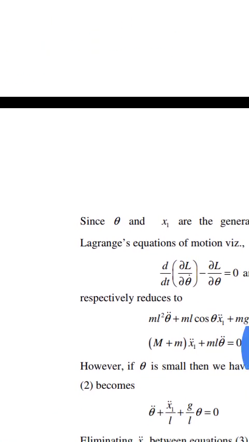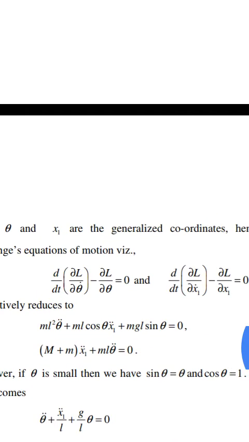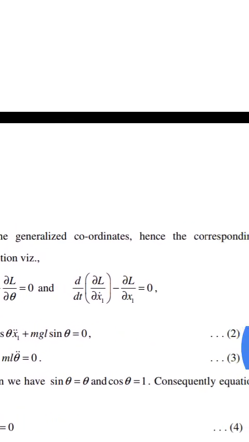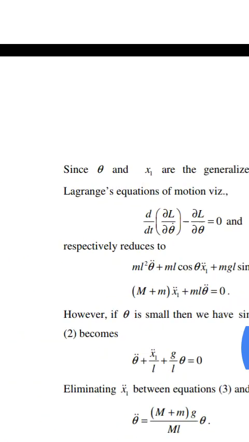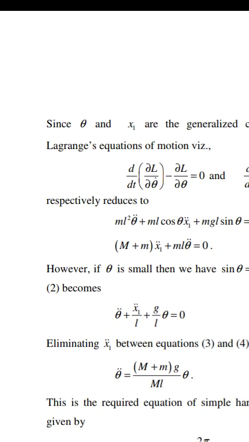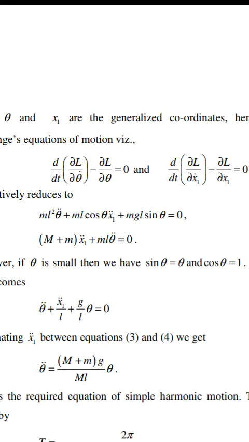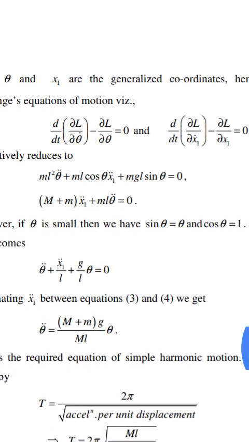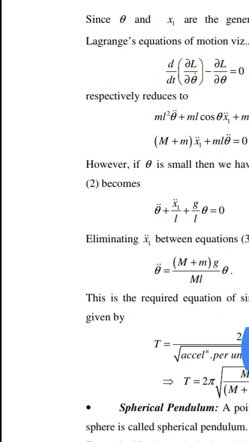Since theta and x1 are the generalized coordinates, the corresponding Lagrange's equations of motion are given by d/dt of (∂L/∂θ̇) minus ∂L/∂θ is equal to 0, and d/dt of (∂L/∂ẋ1) minus ∂L/∂x1 is equal to 0.